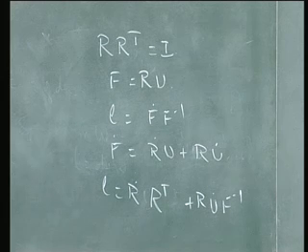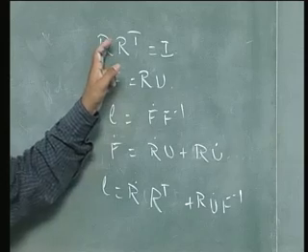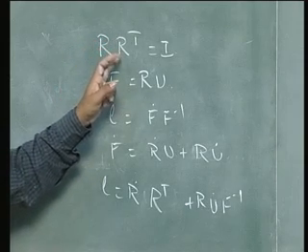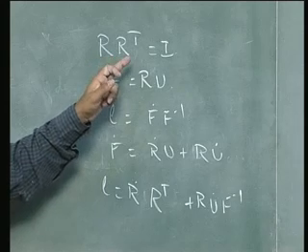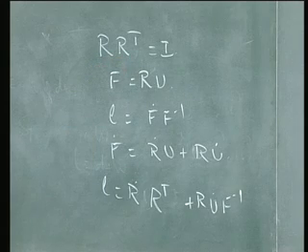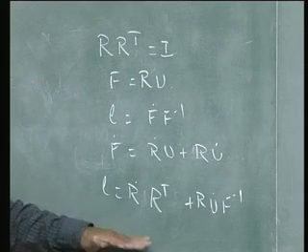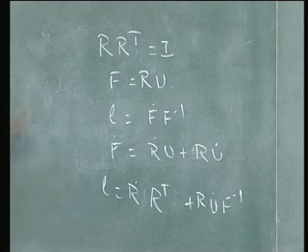Now from the first expression here, you have R dot R transpose plus R R dot transpose equal to 0. Substitute it. Let's see. I'll just stop here for a minute, continue, and let me know.